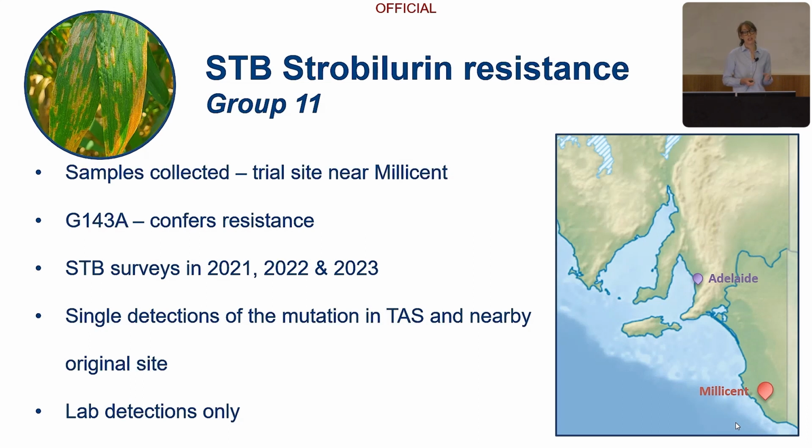We had the single case down in Millicent with a second case being found down there and 1 other sample in Tasmania. But outside of that, it wasn't detected. So this is really good news. We know it's there, but at this stage, really low levels. It's only been picked up in the lab, and we haven't had any evidence of that fungicide not working particularly well in the field at this stage.